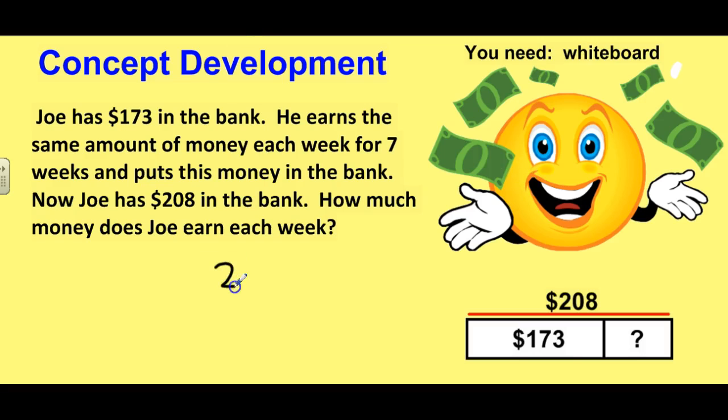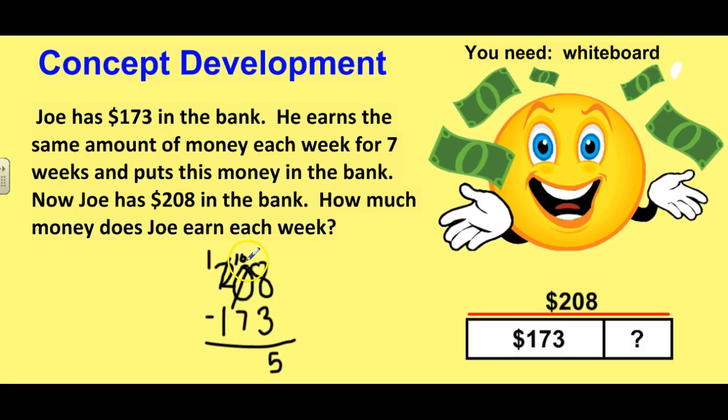So if I have 208 and I'm subtracting 173, I can take 8 minus 3, and that's going to give me 5. I cannot take 7 away from 0, so I'm going to go over here and borrow from my 2. That's now going to be a 1, and now my 0 is going to be a 10.